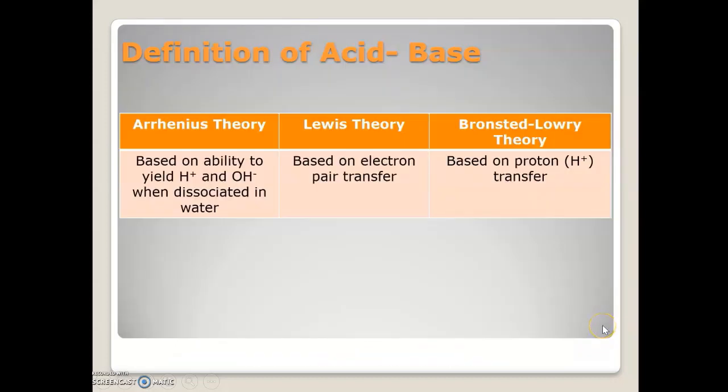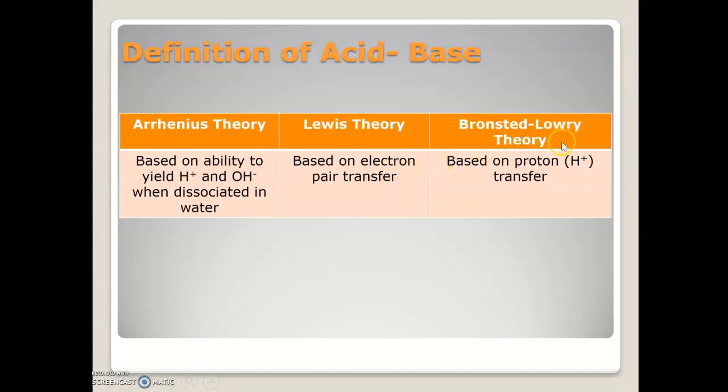So let's look at the definition of acid and base. When we look at Arrhenius, it defines acid and base based on the ability of the substance to produce H+ and OH- when they are dissociated in water. However, Lewis defines acid and base based on the substance that donates an electron pair or accepts an electron pair.